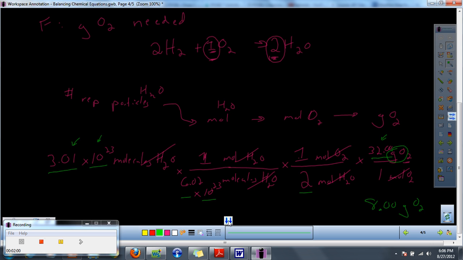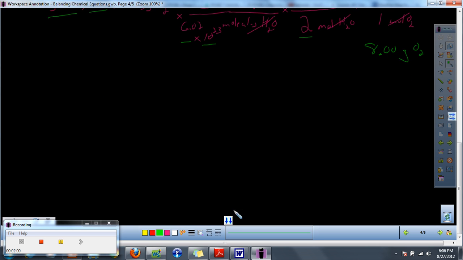All right, let's move on to another problem. The question is, how many grams of water should you be able to form if you react 14.34 liters of O2 gas, which are at 0 degrees Celsius and at 1 atmosphere, and presuming that H2, the other reactant, is in excess.